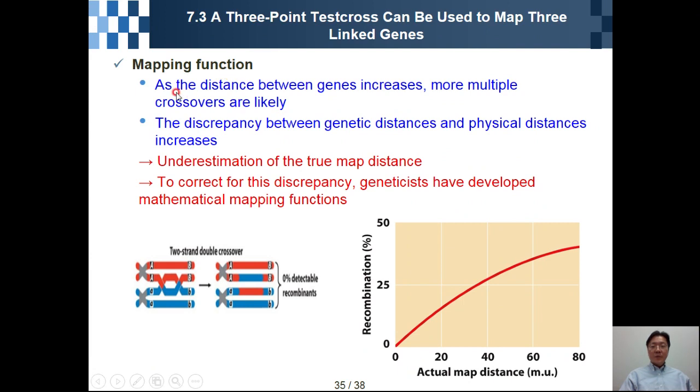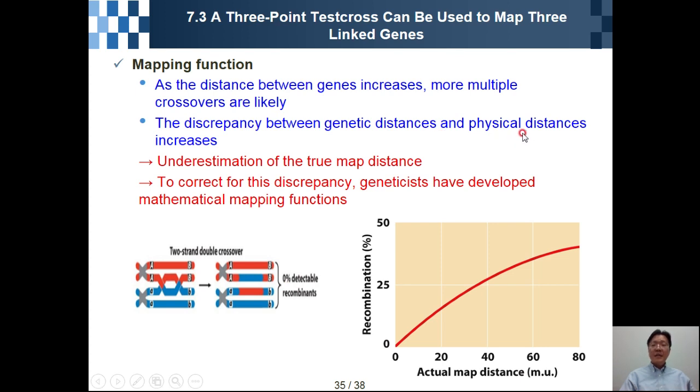As the distance between the two genes increases, usually multiple crossovers take place. But in these cases, even after a double crossover happens, we cannot detect the recombination. So there will be a discrepancy between genetic distance and physical distance.